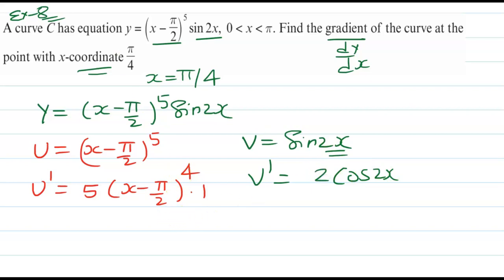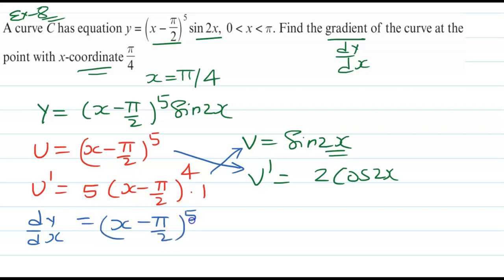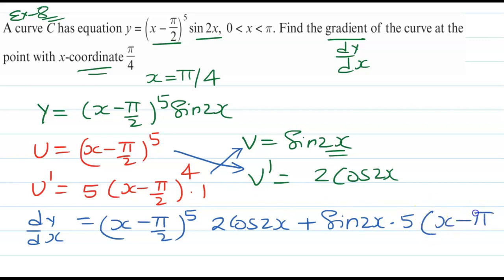Okay, now apply the product rule. So product rule, uv dash and vu dash. So let's write down dy over dx: it is (x minus pi over 2) to the power 5 and 2 cos 2x, plus sine 2x times 5 dot, I'm putting a dot here, dot is multiplication, not decimal, (x minus pi by 2) to the power 4.